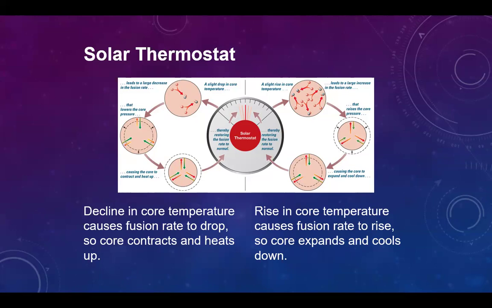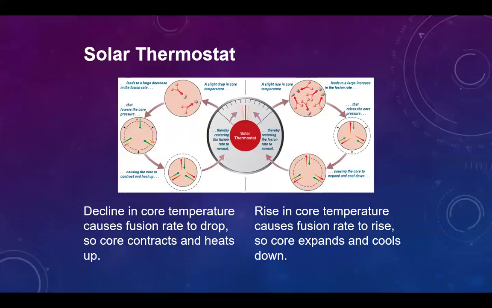to normal. Now, if there's a slight rise in core temperature, this leads to a large increase in fusion rate, which raises the core pressure, causing the core to expand and cool down, and restoring the fusion rate back to normal. So, a declining core temperature causes fusion rate to drop, so the core contracts and heats up.